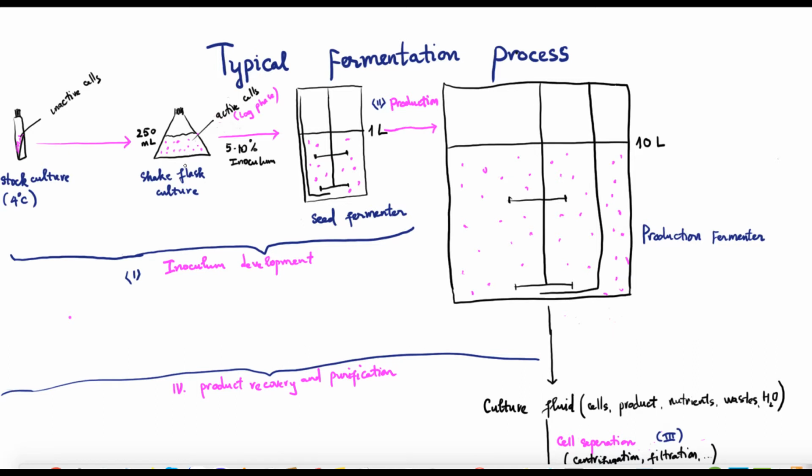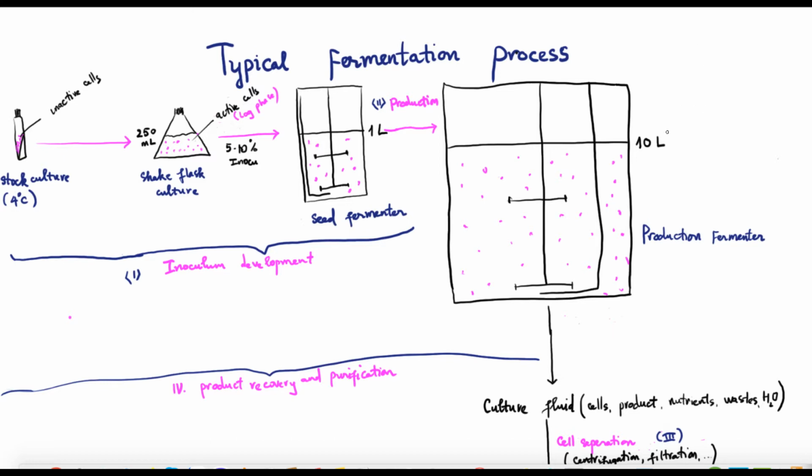Normally we use an inoculum size of 5 to 10% when we do fermentation. For example, in this case, the working volume of this fermenter is 10 liters.